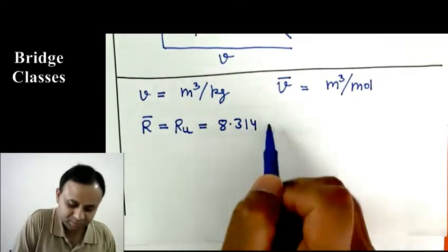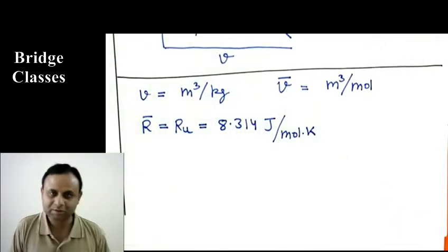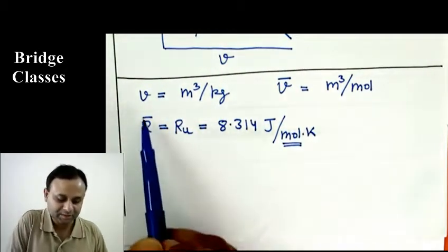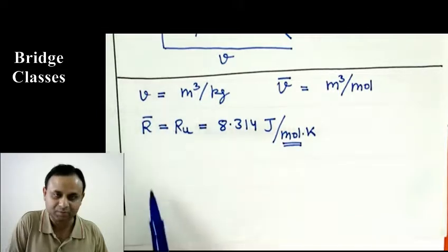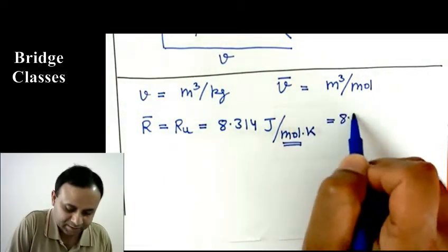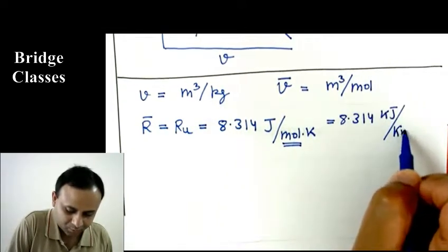This you must remember, joule per mole Kelvin. Those are the units because it is on a molar basis. That is why we put a bar here. Or alternatively, you can write 8.314 kilojoule per kilomole Kelvin, same thing.